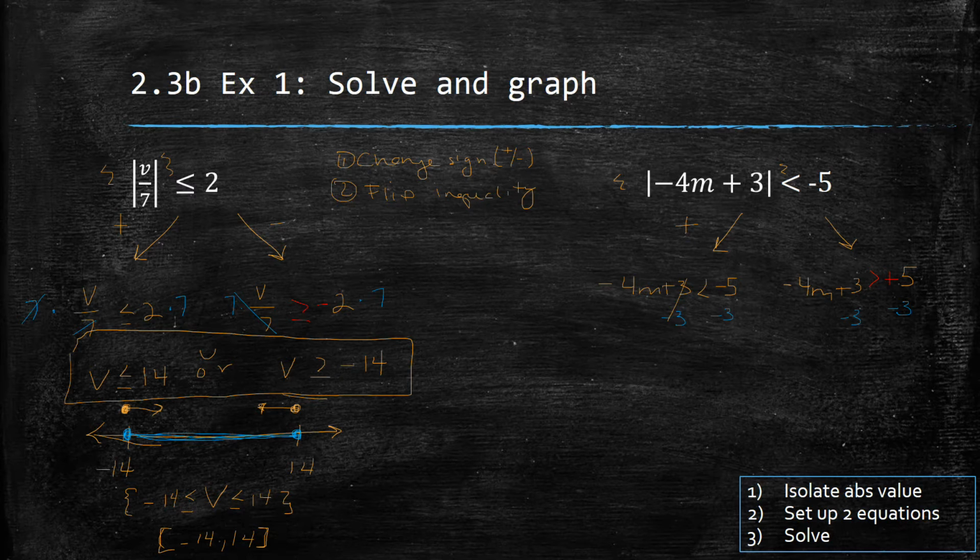Okay, that is negative 4m is less than negative 8. Divide both sides by negative 4. Remember, we're dividing by a negative, which means our sign is going to change direction. We're left with m is greater than positive 2.